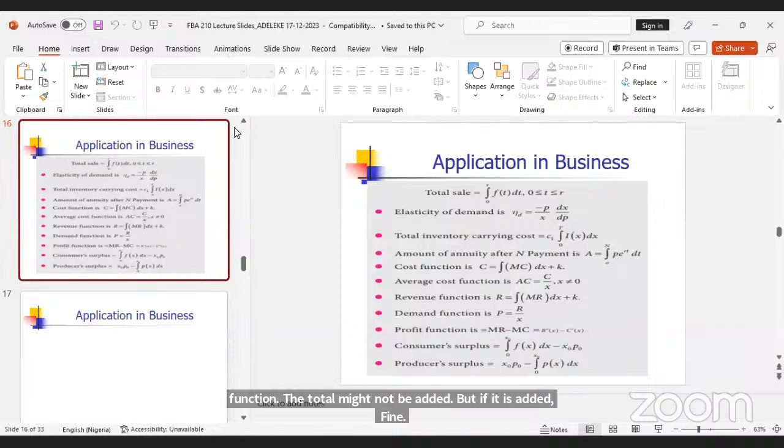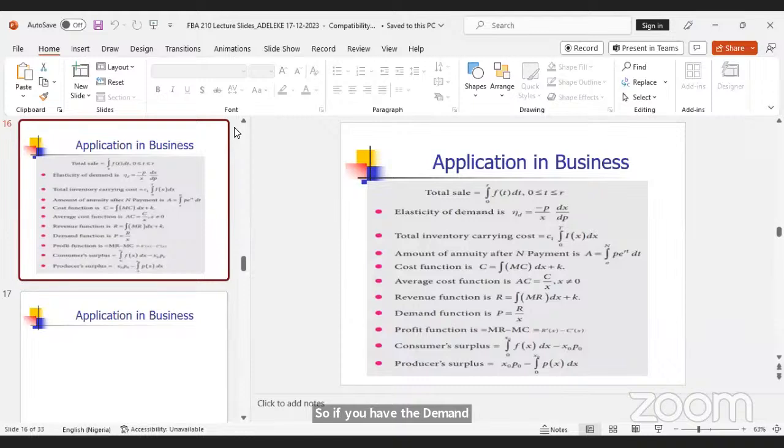If you have the demand function and you are interested in the marginal demand function, you will differentiate that total function to get the marginal function. It could be total profit, total revenue, cost, or whatever function has been defined. So the difference between them is integration and differentiation.